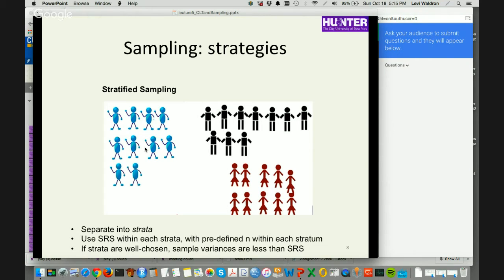And the advantage of this can be that it actually reduces the variability of things that we estimate from the sample, and ensures that every sample will be more representative of our target population.